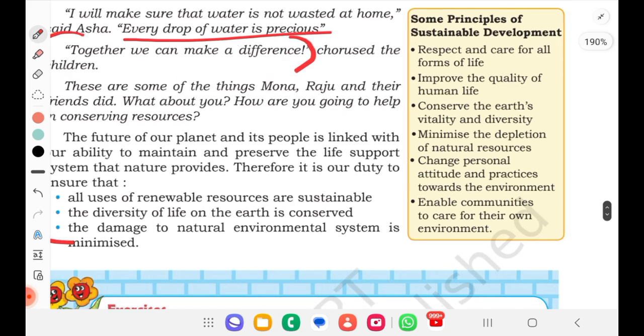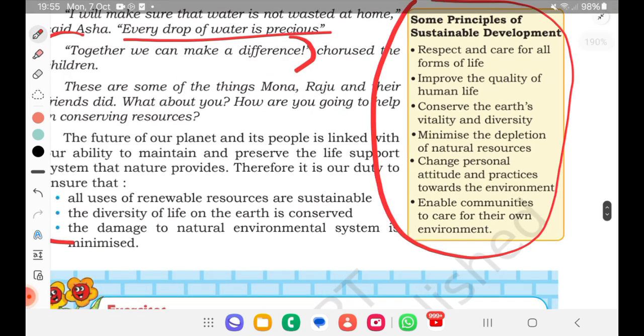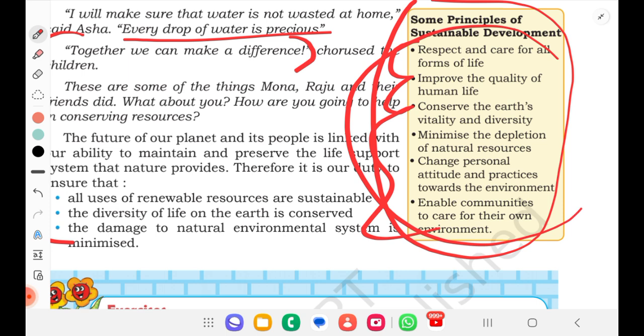So in this box we will see. They are given six aspects or principles of sustainable development.